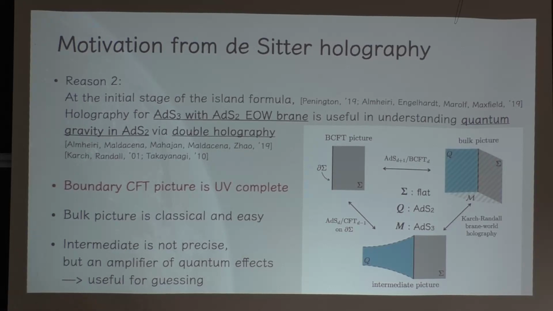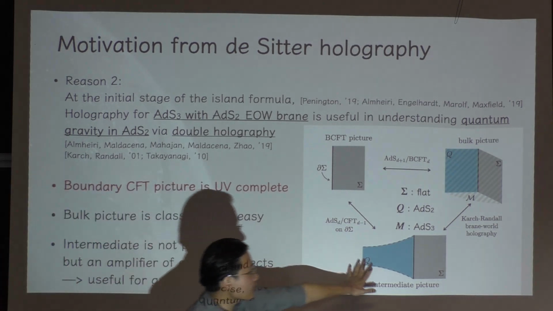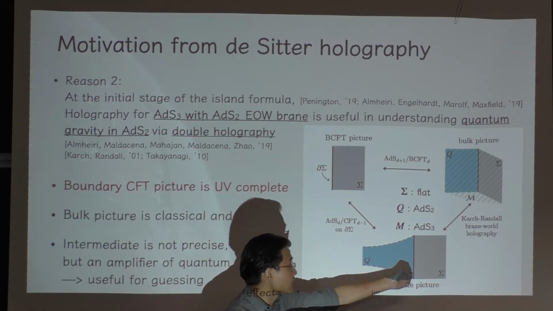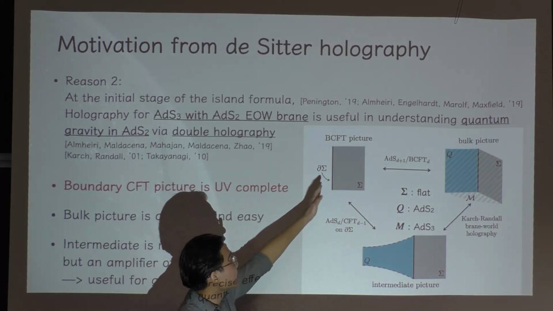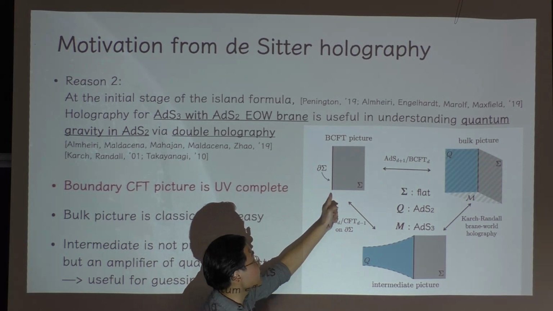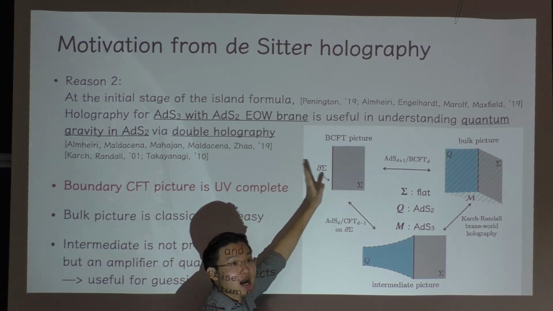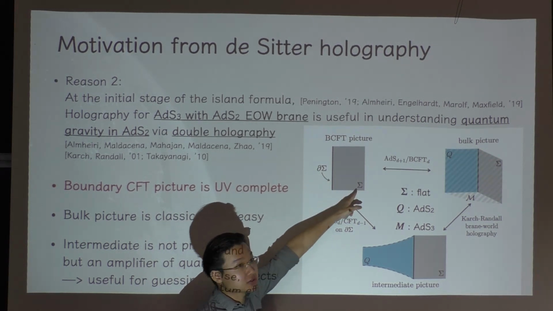Maybe let me take another way to explain why it's just effective. As I said, in this picture, this part and this part are coupled through one interface. But the degrees of freedom localized on this boundary are all in some way coupled to the sigma.